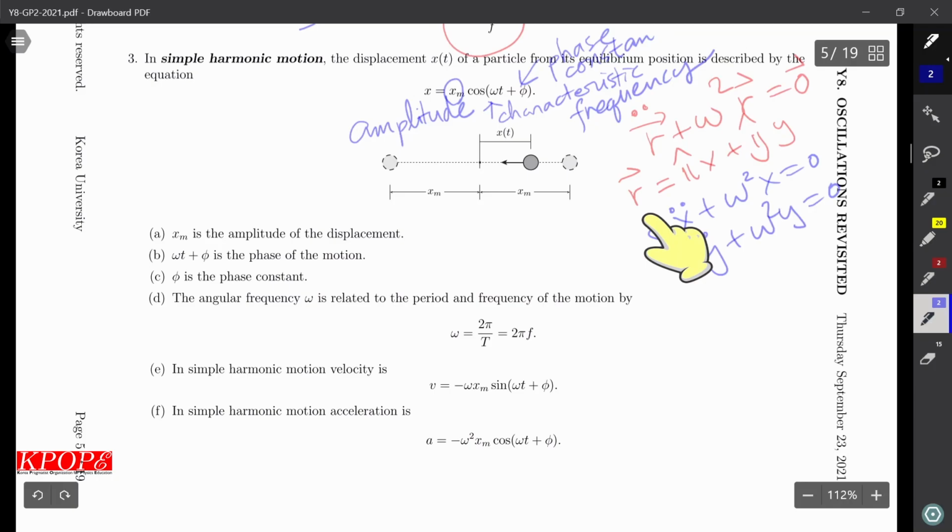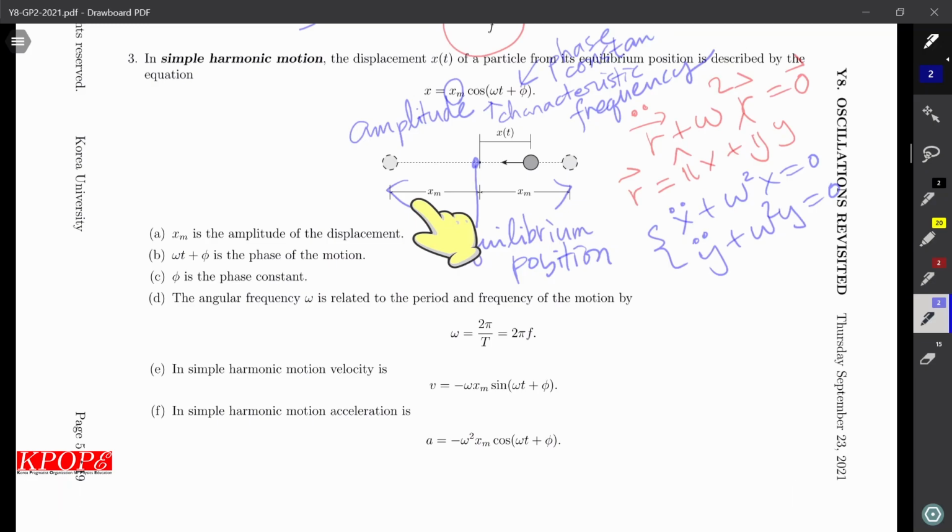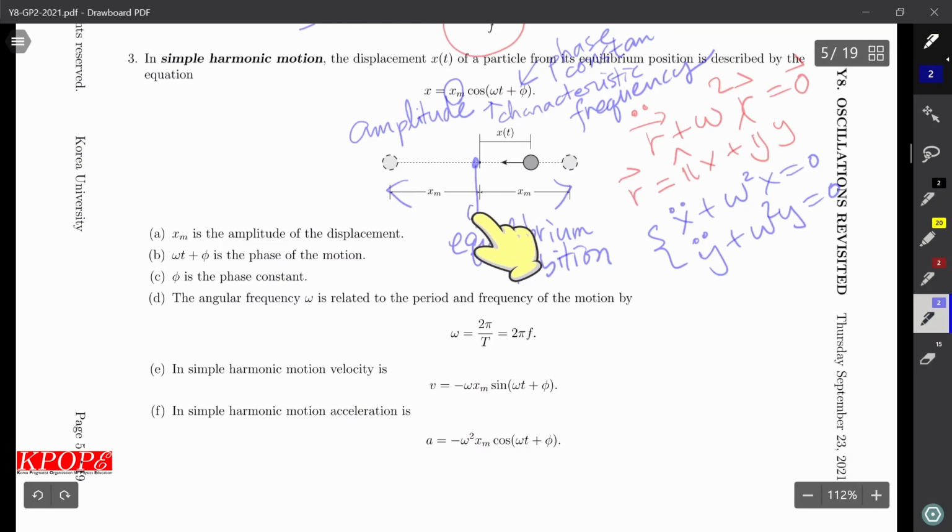So oscillation relative to the equilibrium position oscillates with amplitude xm. So the maximum value with respect to this origin is plus xm and the minimum value is minus xm.